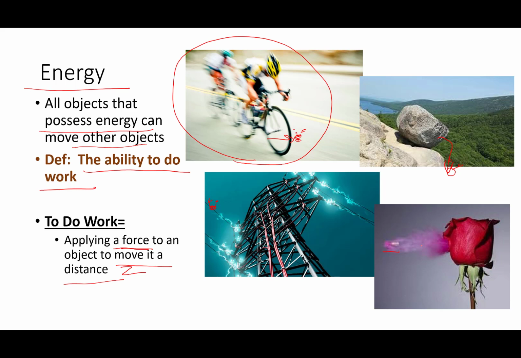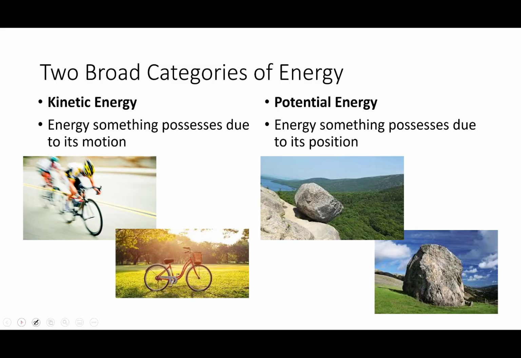This bullet flying through this rose could apply a force to that bug. So anything that possesses energy can move an object some distance. That's that definition of energy, the ability to do work, and work means moving something.